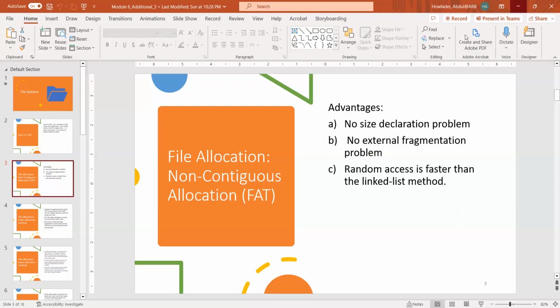Now let's see how we divide IO devices into two types. One is block devices, another is character devices. What is the difference between block and character? In an SSD drive, I already mentioned that we read the data block-wise. We don't read data byte-wise.